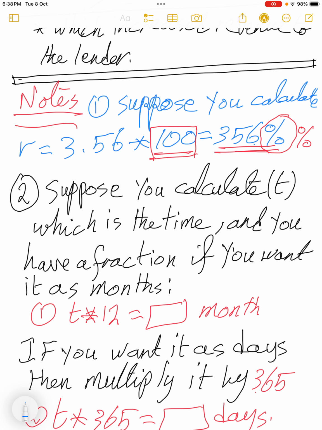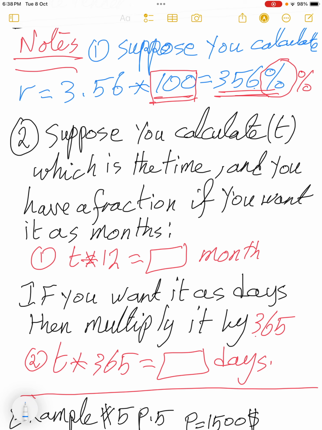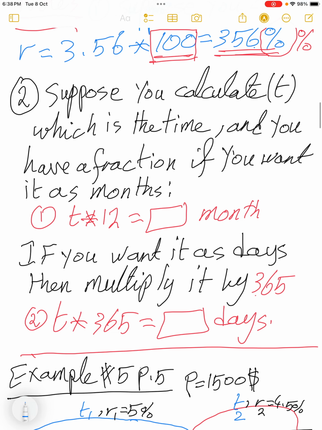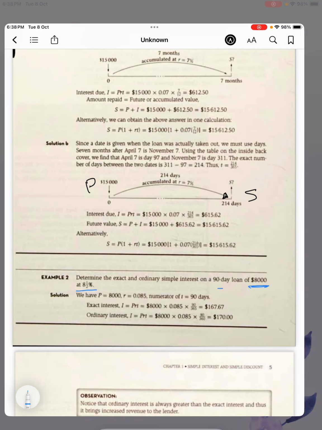If you want it as months, multiply it by 12. Then you will have the months. If you want it as days, then multiply T by 365, and you can find it in days. Return back to the examples or your book.